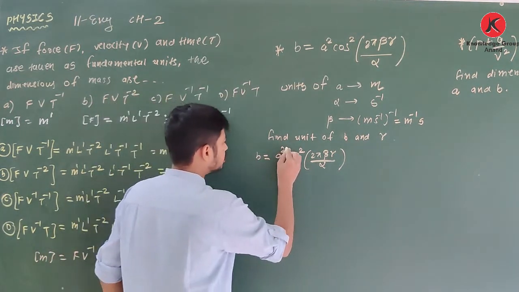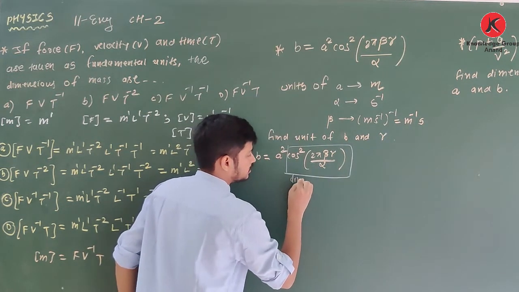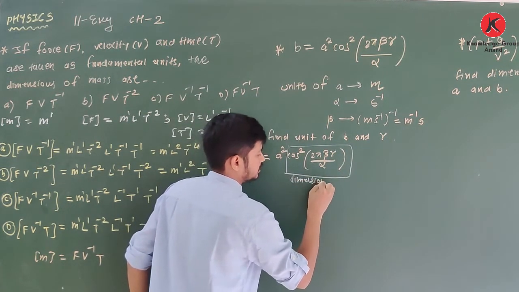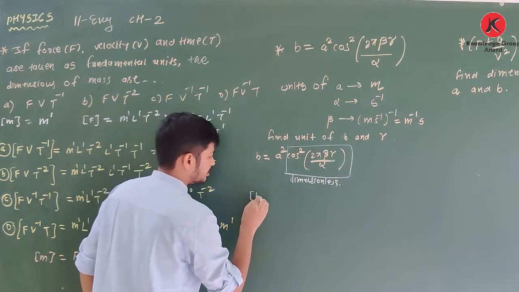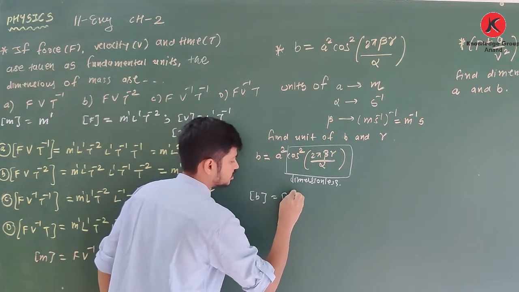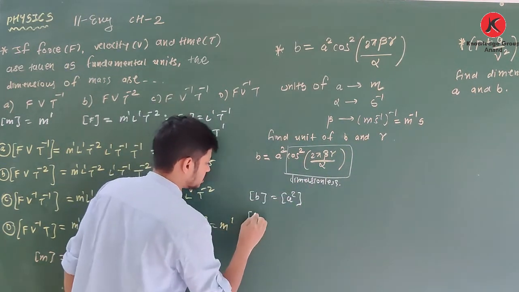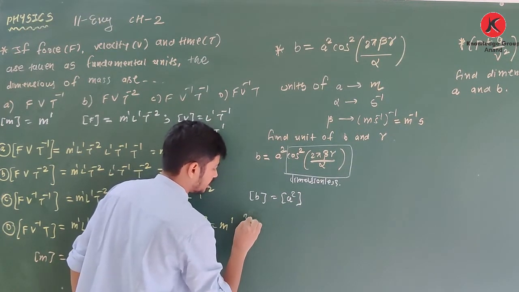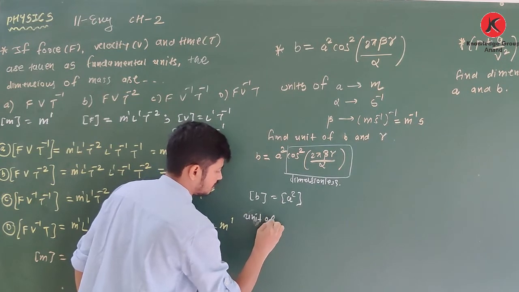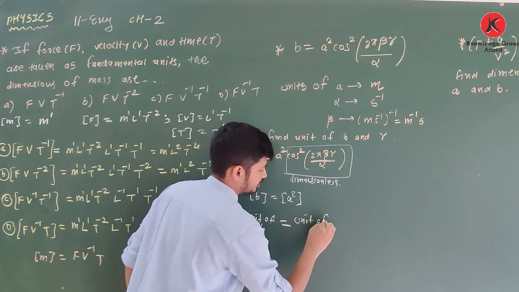So this whole term is dimensionless. So I can write the dimensions of b is equal to the dimensions of a square, or the unit of b is equal to the unit of a square.